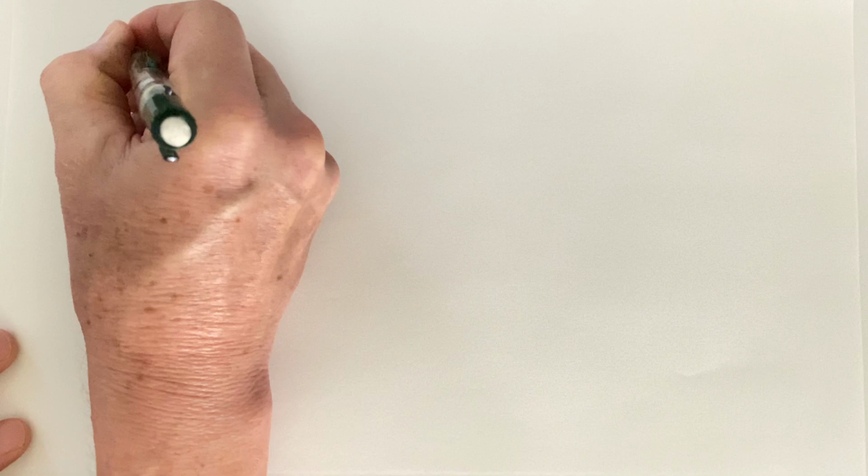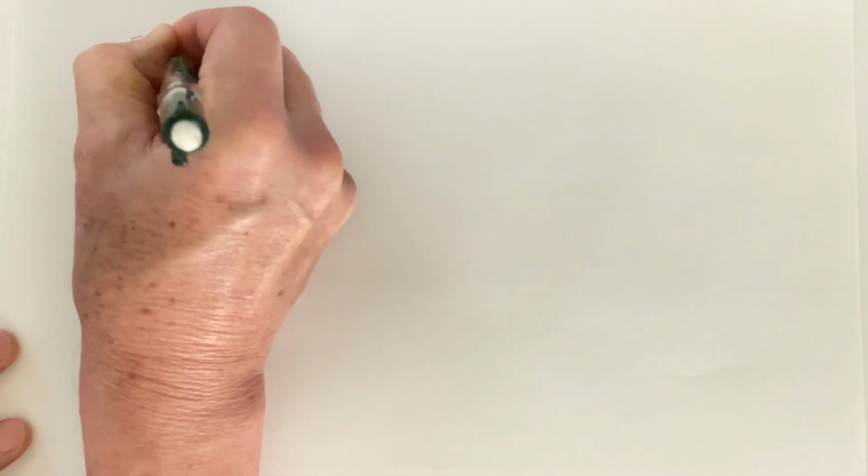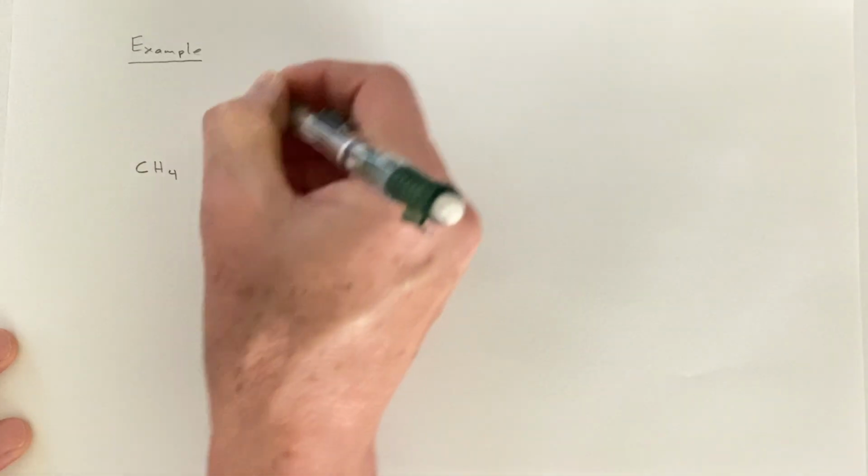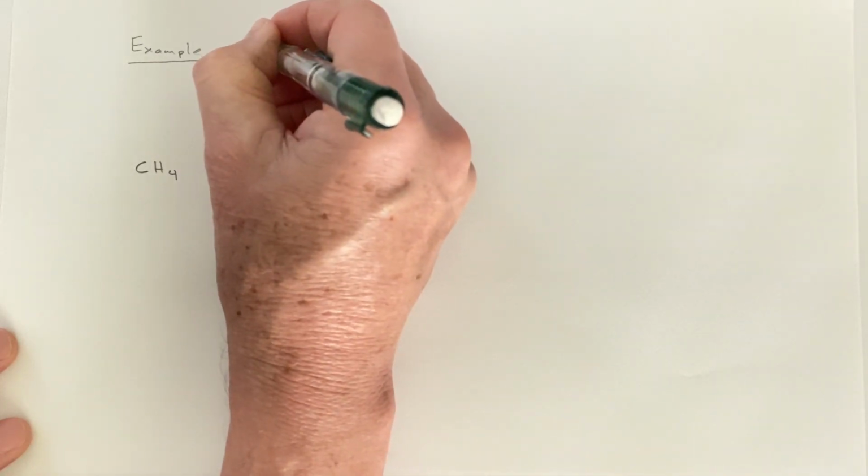Let's work some examples and make a table at the same time to illustrate what is meant. On our table, we'll consider the examples. And one example we just looked at was methane, CH4. And we shall consider the electron geometry.